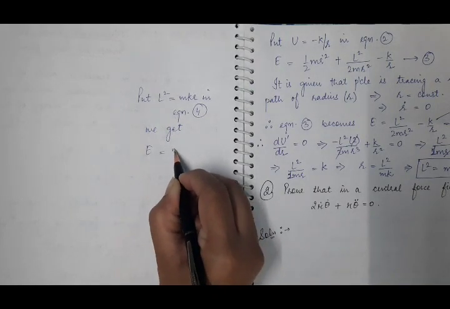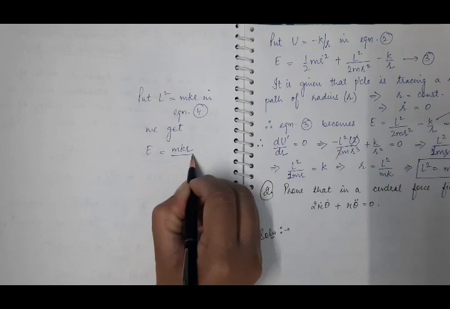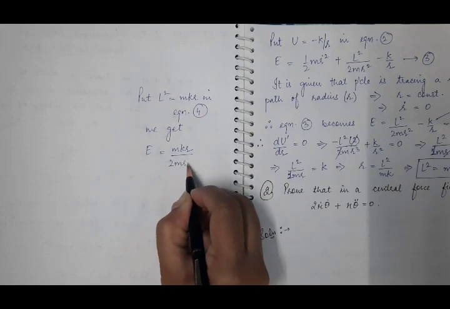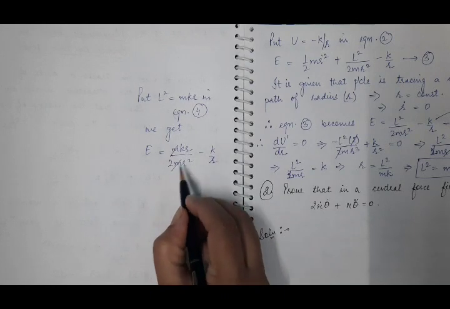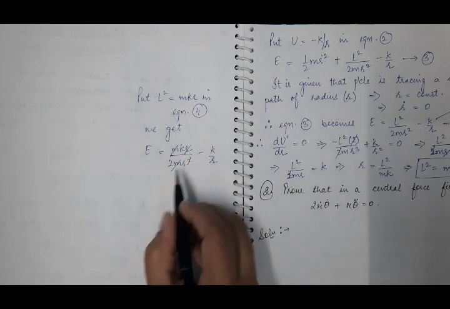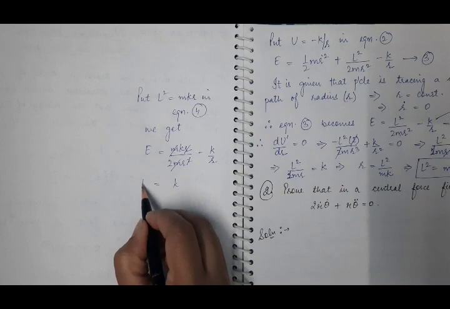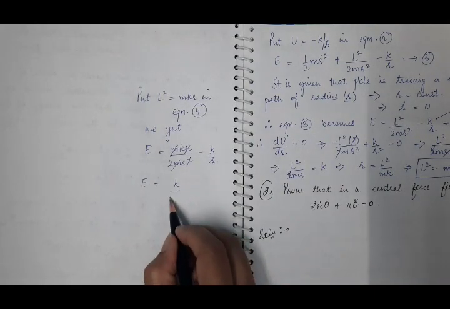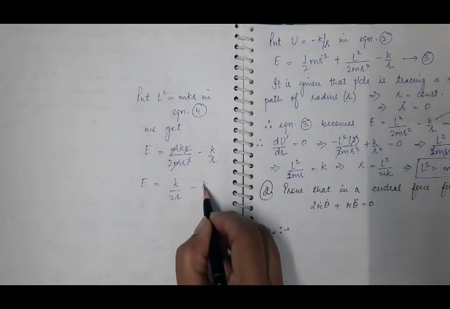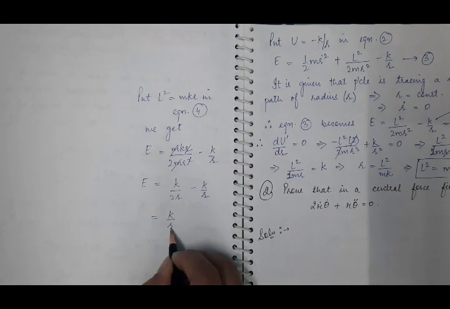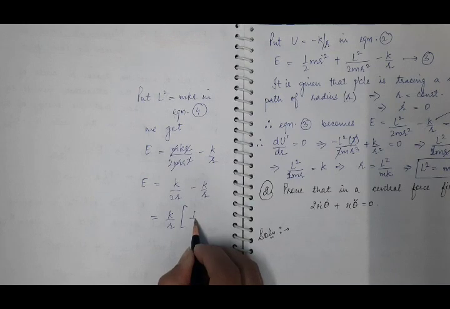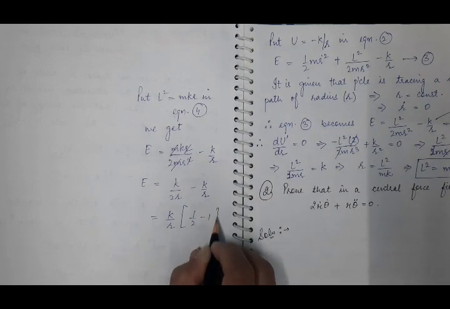It is equal to L square, which is mkr, divided by 2mr square, minus k by r. So this m and m will be cancelled out, and 1 r will be cancelled out. So we have total energy equal to k by 2r minus k by r. And here you have k by r common, and inside the bracket you have 1 by 2 minus 1.